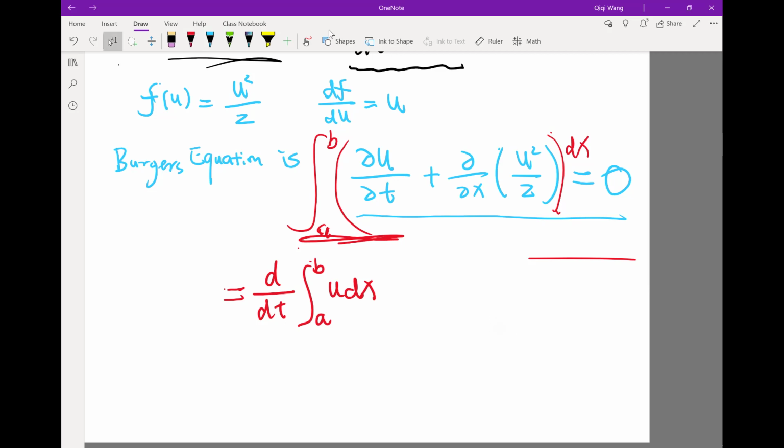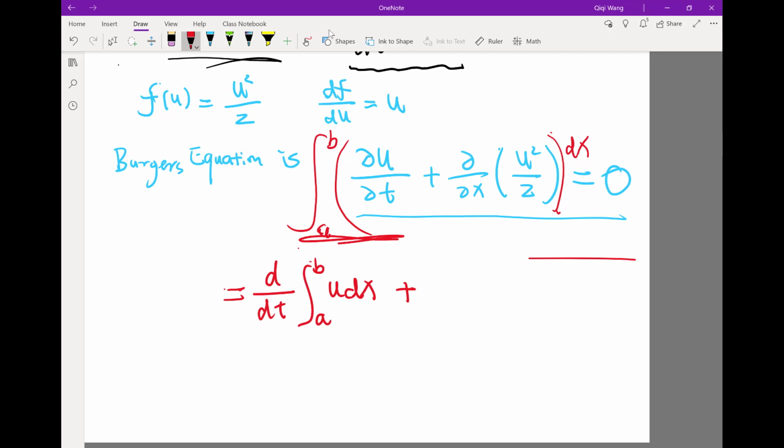Okay, and then the second term: we are integrating now not a time derivative, but a spatial derivative over space itself. We now invoke one of the first things you learned about the derivative and the integral: they cancel each other.